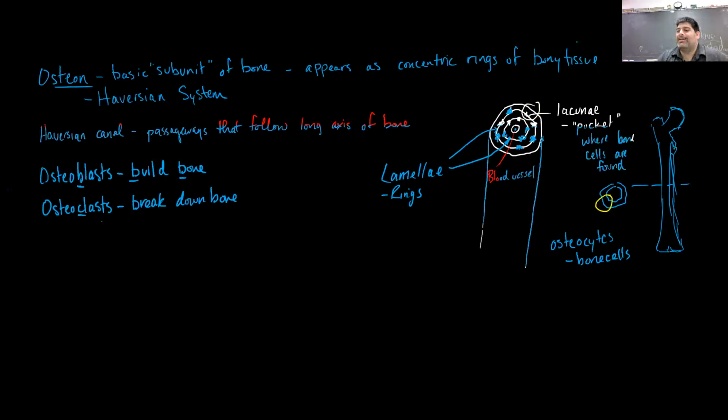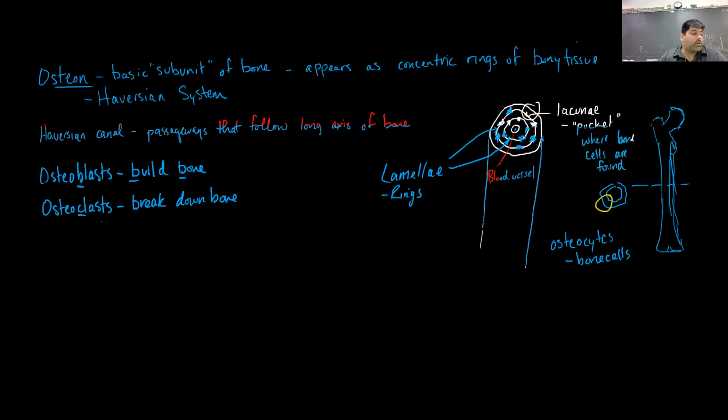So it's probably going to benefit you to make yourself some nice flashcards or study this a little bit to help you learn them. Like lacunae are the pockets, lamellae are the rings that the pockets are in, okay?